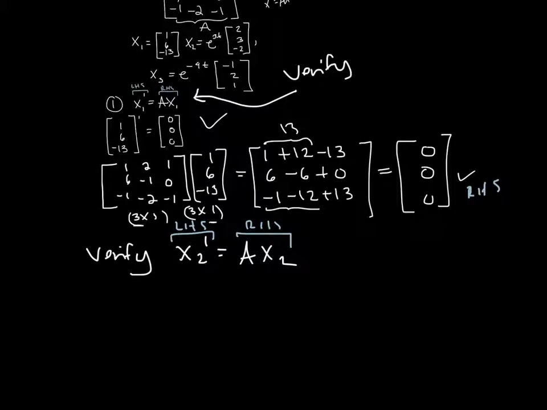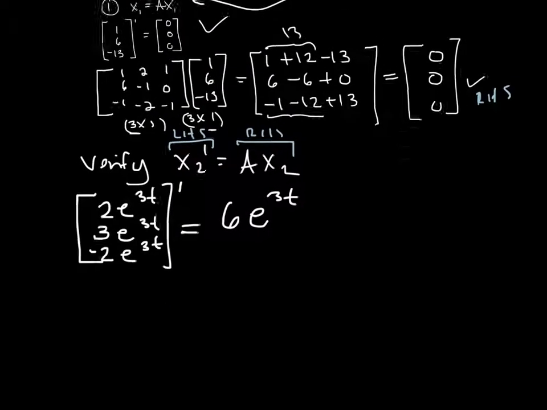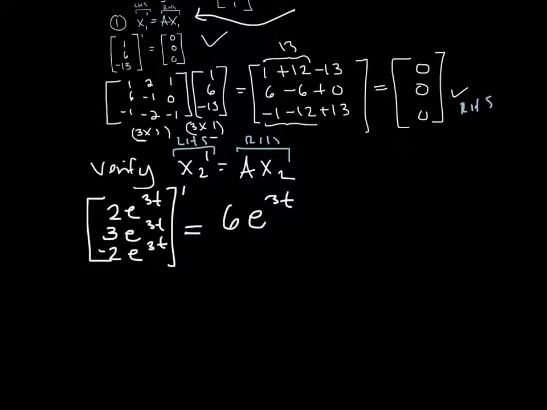I have e to the 3t times this vector, but I can multiply that function in, so I'm just going to write it as 2e to the 3t, 3e to the 3t, and negative 2e to the 3t, because I want to take the derivative of that. This is nice, this is going to give me 6e to the 3t, 9e to the 3t, negative 6e to the 3t.